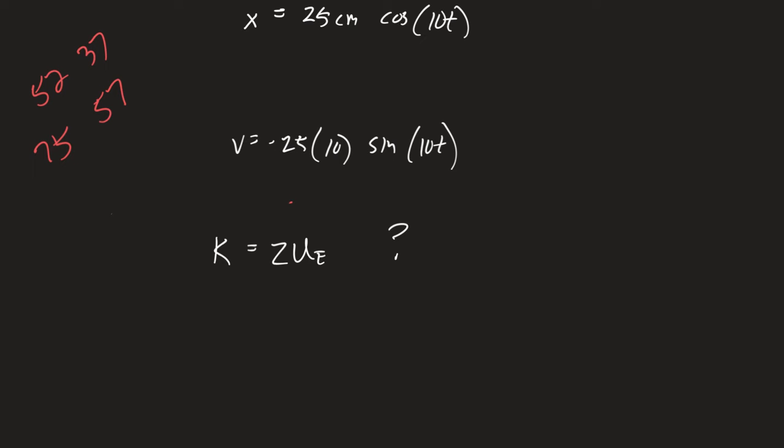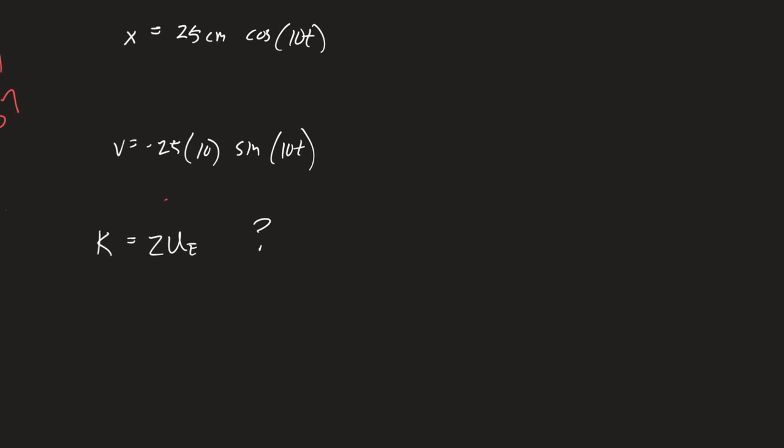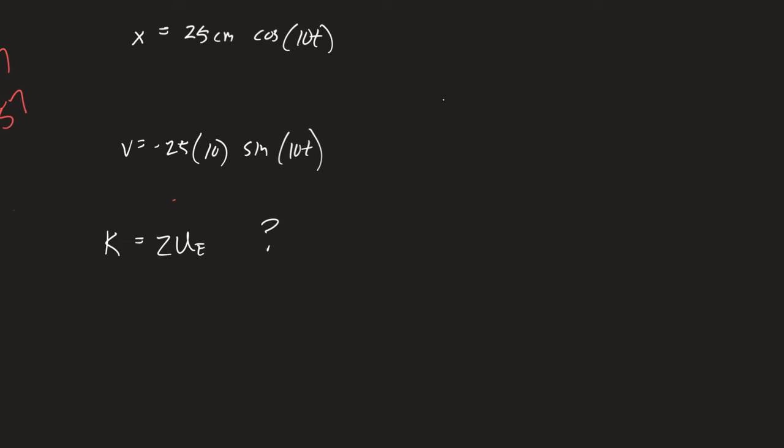Everybody good? All right. Now let's move that to the side and go 1/2 m 250 sine 10t squared equals, no, I'm sorry, I messed that up. 1/2 m v squared.